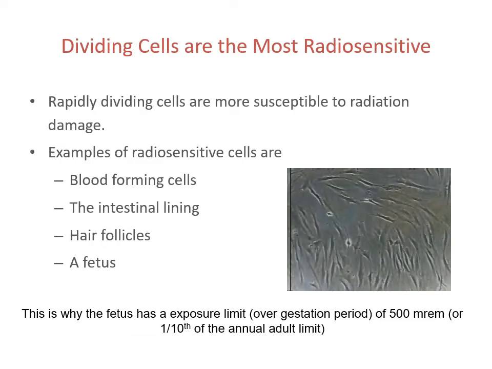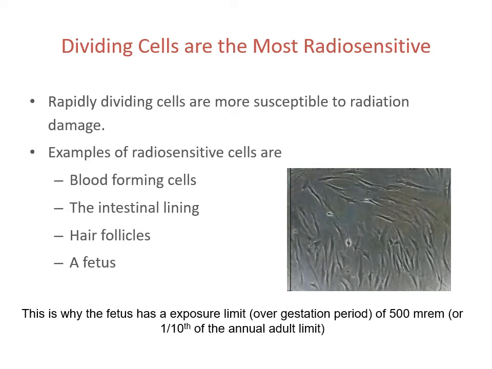So cells that are rapidly dividing are the most radiosensitive, and that sort of makes intuitive sense essentially because there's less time to do repair. Examples of these sort of rapidly dividing cells are things like blood-forming cells, your bone marrow, your intestinal lining, which you shed every couple of days, so there's a lot of cell division going on there.